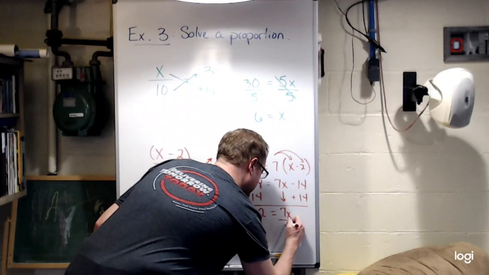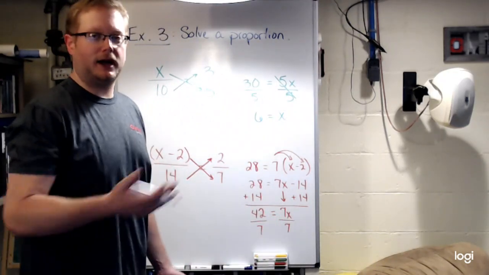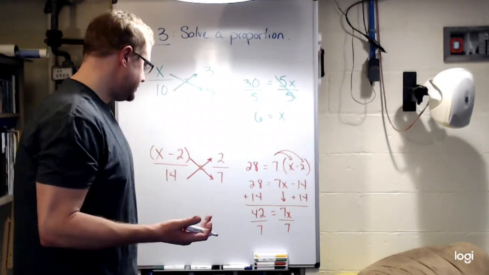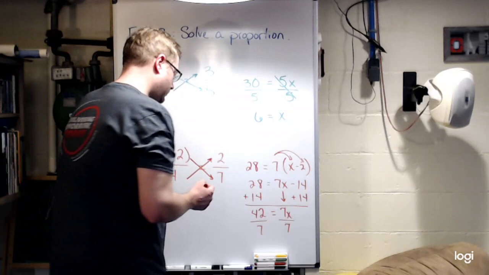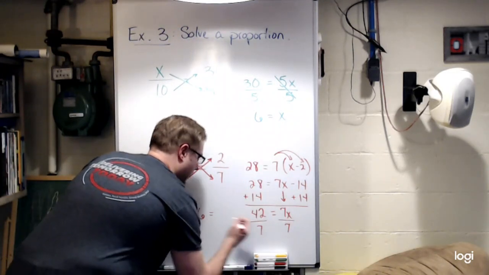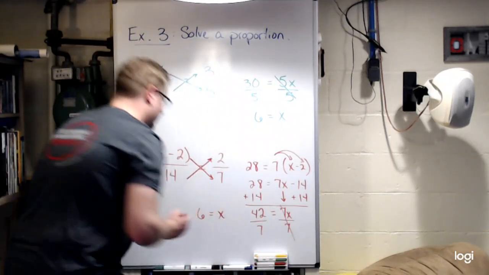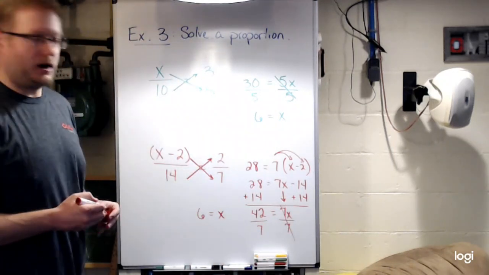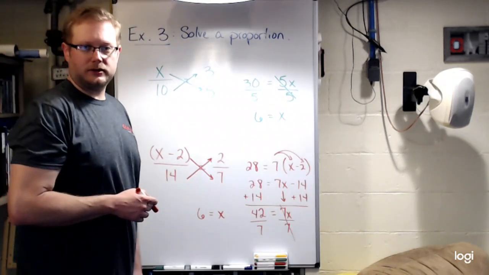And divide both sides by 7. Remember, we do that opposite because it's really 7 times x. The opposite of multiplication is division. 42 divided by 7 gives us 6. I'll move it over here. And your 7's cancel out. You're left with x. And in this case, we got the same answer for both problems, even though they're different kinds of proportions. 6 is x.